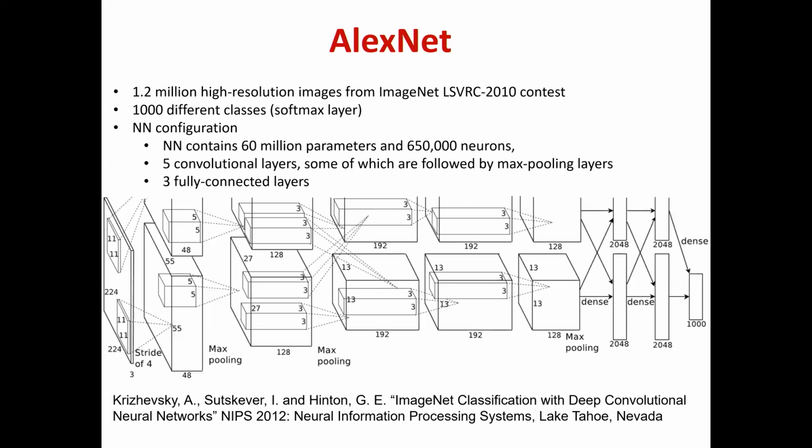When they split the network over 2 graphics cards, even the picture they drew became too large for the paper, so they chopped off the upper half. Right? But it had 60 million parameters, some 650,000 neurons, 5 convolution layers, and pooling layers. This was the first time they introduced ReLU as an activation for convolutional neural networks. Before that, everybody was always using the sigmoid.